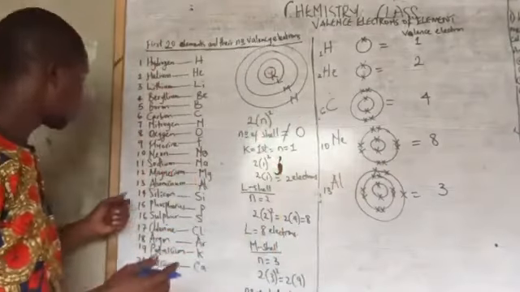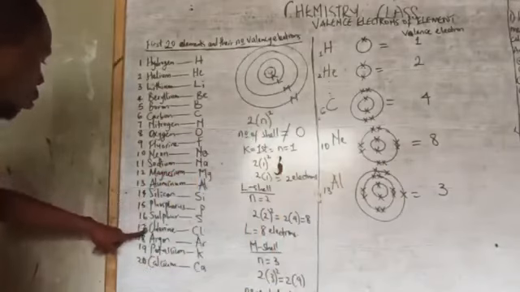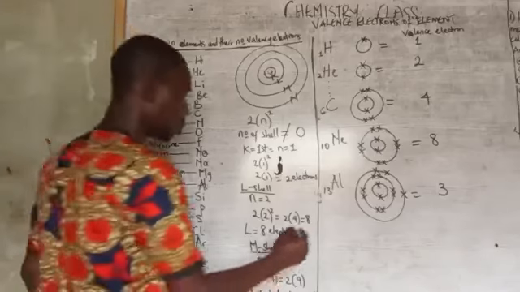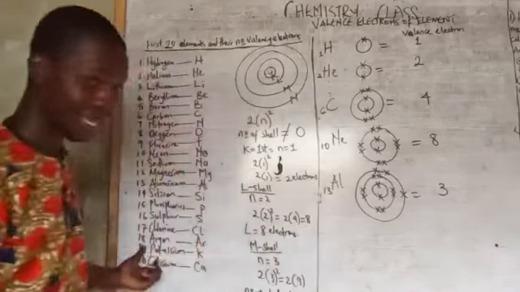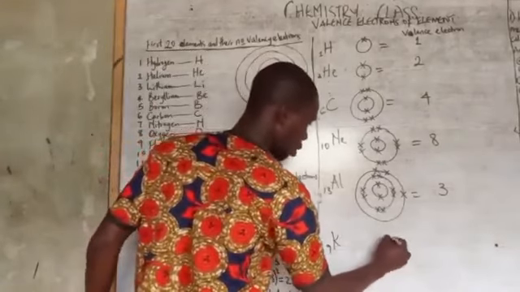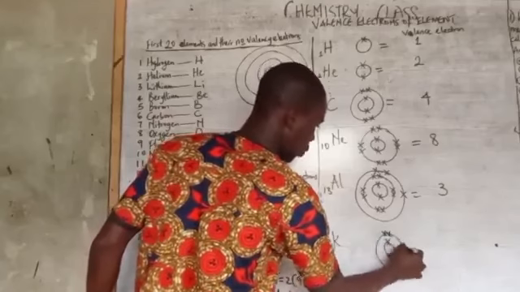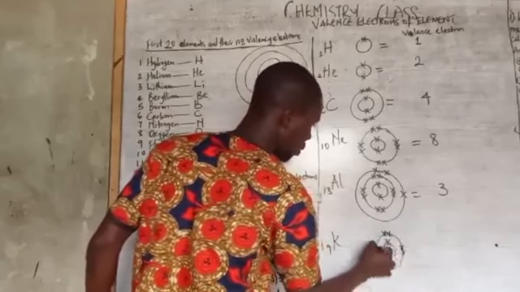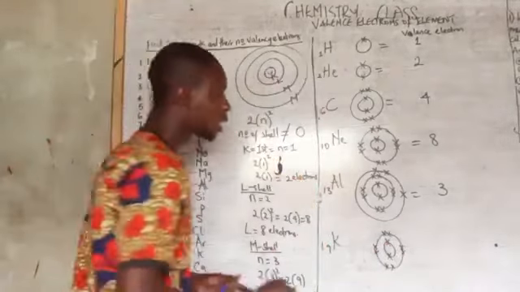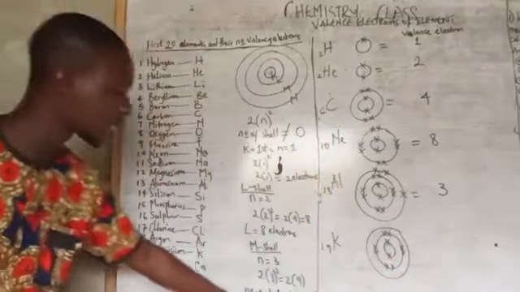The next is, I will be skipping silicon, phosphorus, sulfur, chlorine, argon. I want to move on to potassium. Potassium has 19 electrons. And the first shell contains 2 electrons. The second shell contains 8 electrons as we calculated, which gives a total of 10 electrons. The next shell, which is the third shell, occupies a maximum of 18 electrons.